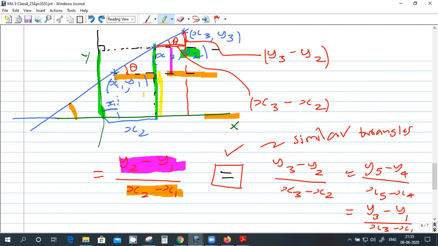Okay, and if I take this point as x1, y1, and this point is x2, y2, and this point is x3, y3. What will be this length? This one.